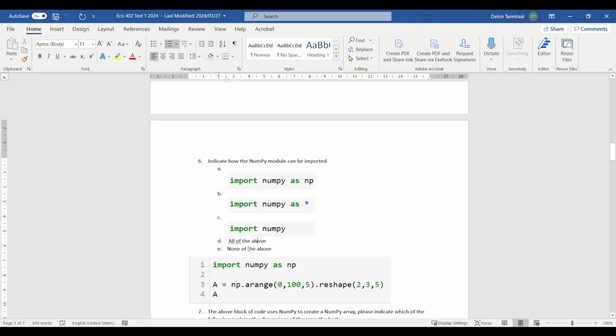But if all of the above is in E and none of the above is in D, it can't be both at the same time, so obviously E is not an option. Don't go and pick E.